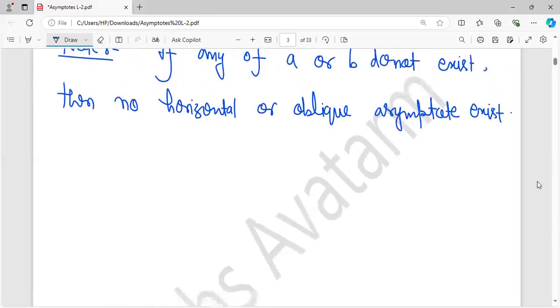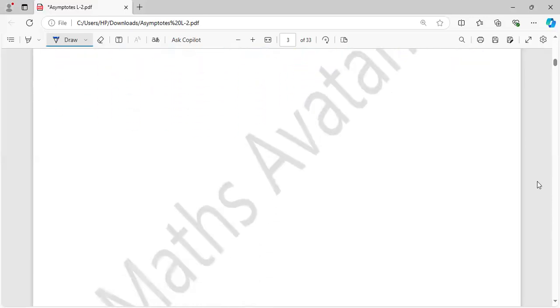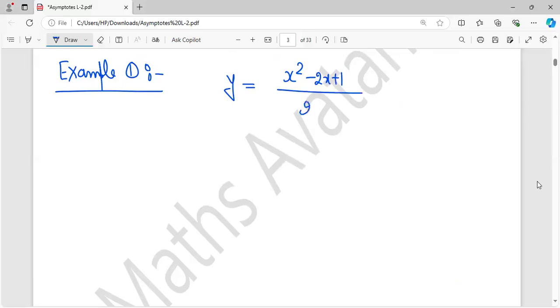See this example. y = (x square minus 2x plus 1) upon (2x plus 3). You see that the only problem is at x = minus 3 by 2. What is the limit of f(x) as x tends to minus 3 by 2?